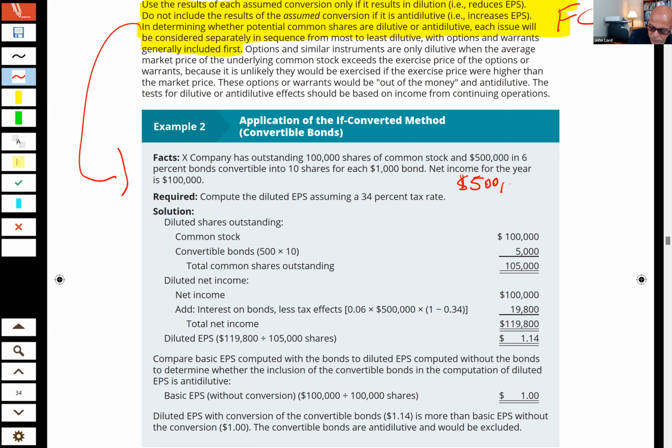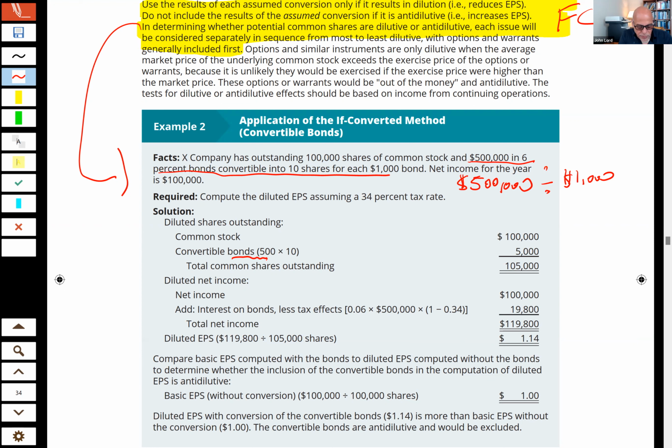Well, you take the 500,000 of the bonds that they have, okay, and they say it's a $1,000 bond. So you divide that by the $1,000 bond. That means we have what? 500 bonds. Okay, and maybe that's easy for you, but I always kind of sit there and stare at questions and struggle with that a little bit.